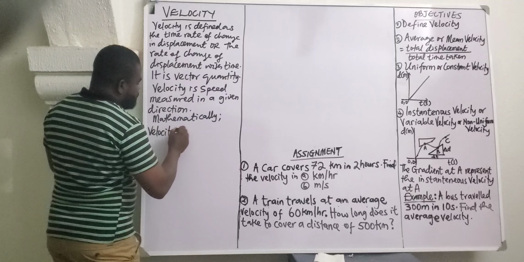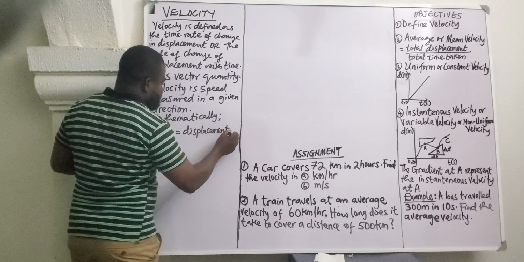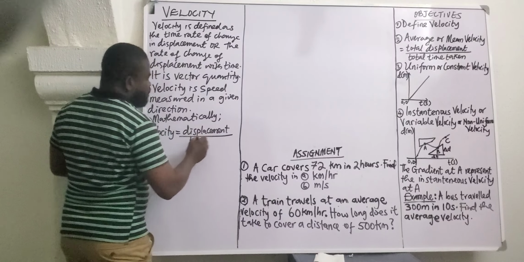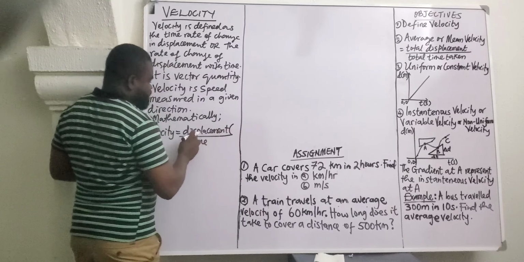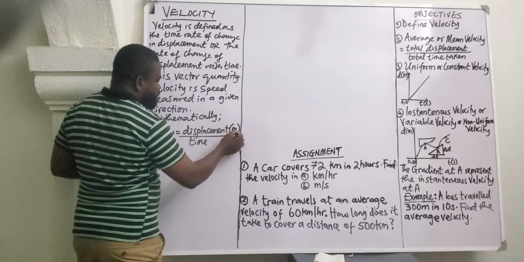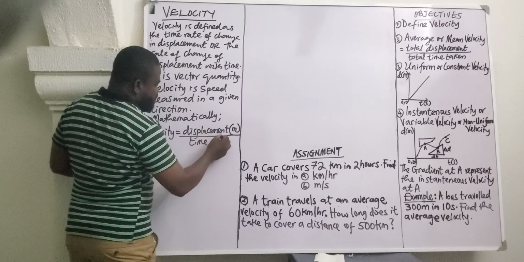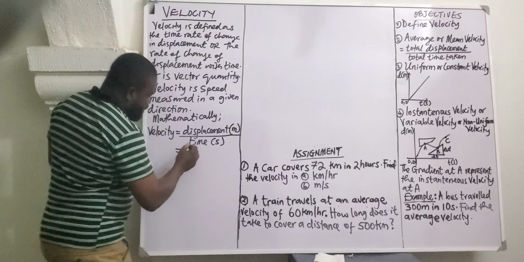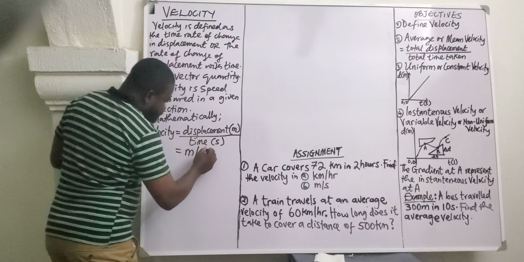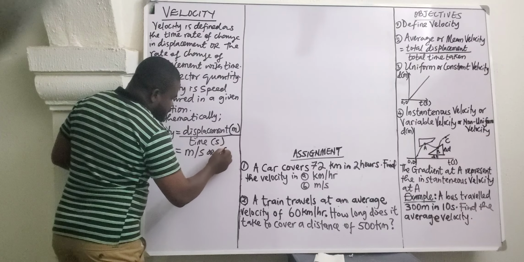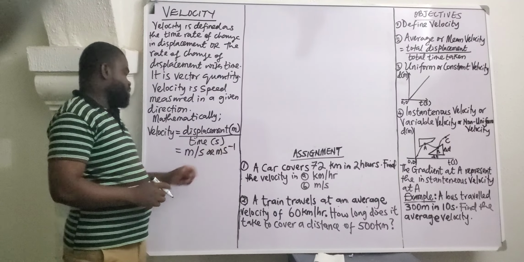Velocity equals displacement over time, which means if the SI unit of displacement is meter divided by the SI unit of time, which is second, then you are going to have meter per second written as this, or meter second raised to the power of -1, which is the same thing as meter per second.